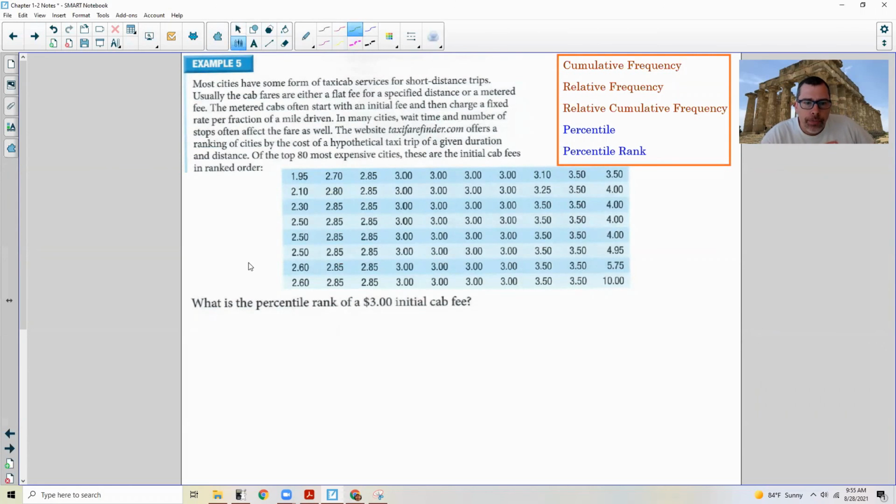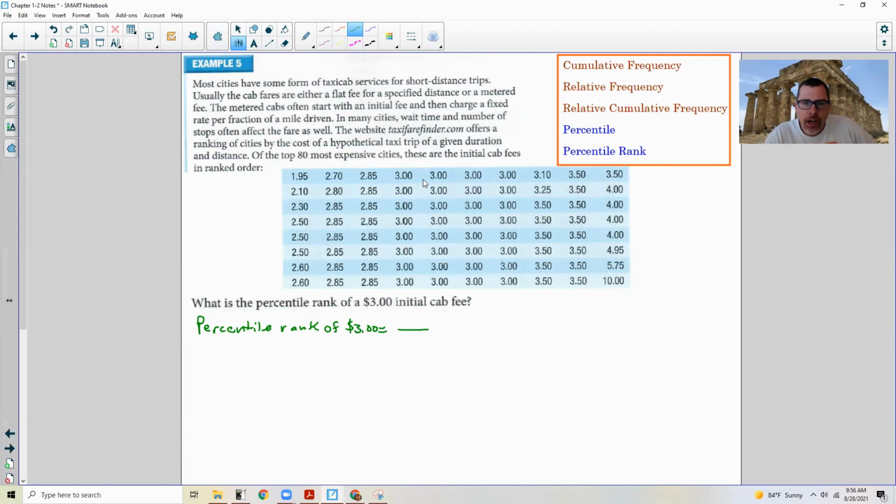Okay, so I will say percentile rank of $3 equals... now remember what we have to do. We want to find the values that are at or below the value we're looking at.